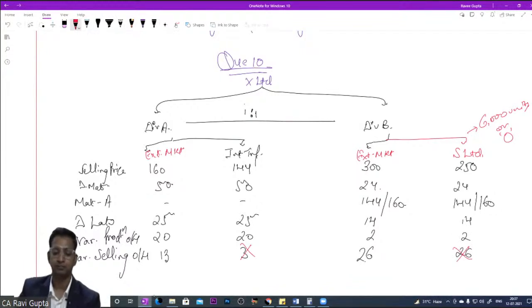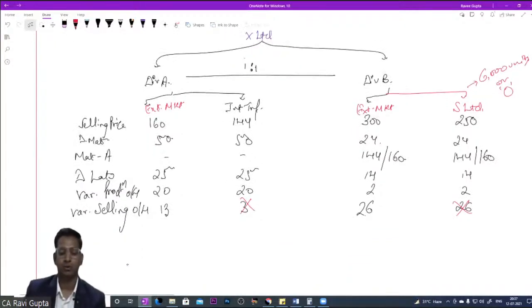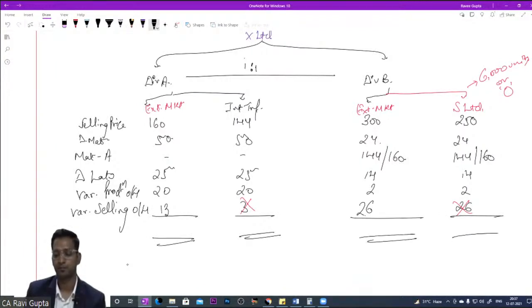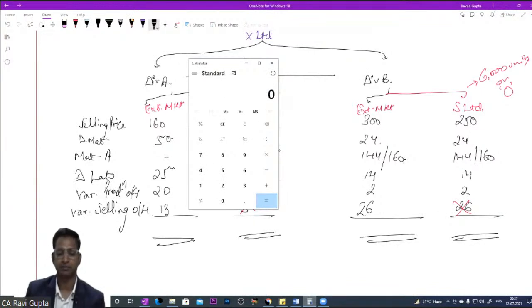Now, we can calculate the contribution itself here. The contribution is 160.